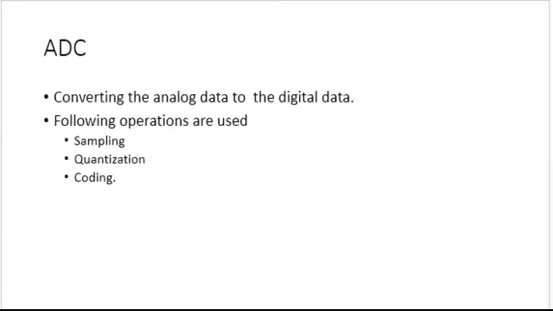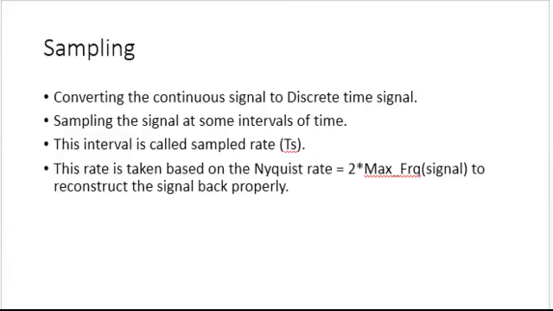Next, we'll see how this analog signal is going to be converted into the digital signal. In order to convert this analog signal to the digital signal, we have three operations, that is sampling, quantization and coding. Sampling is nothing but converting the continuous signal into the discrete time signal.